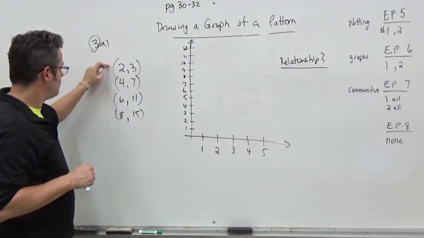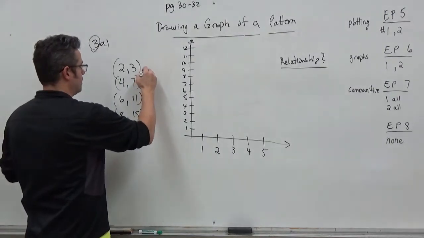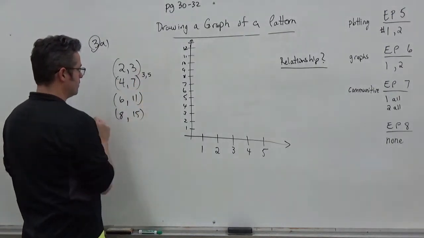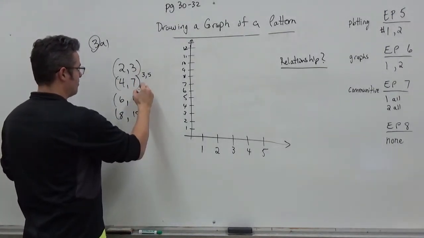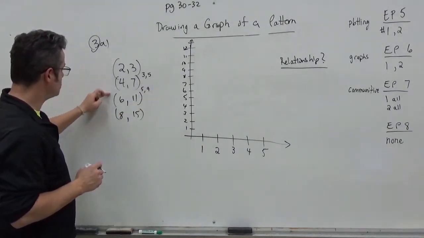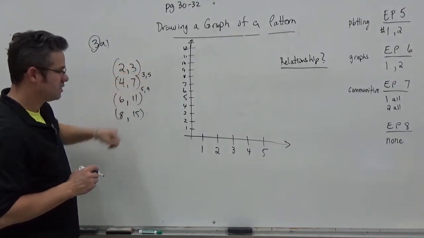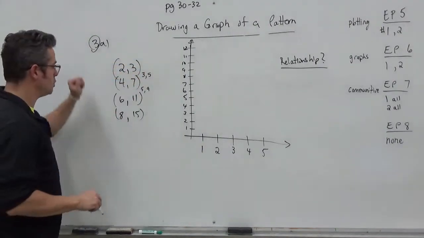So if it was just going up by 1s, would this be like 3, 5 and 5, 9? So if we can get these going up by 1s, then these are only going up by 2s. So let's try multiplying by 2.